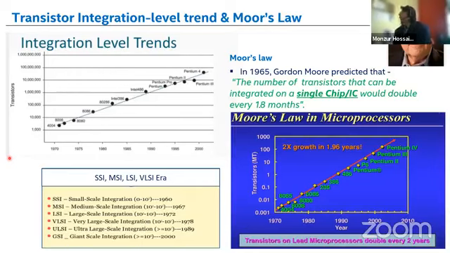says that the number of transistors that can be integrated on a single chip will double every 2 years, or later on he said every 18 months. That means the transistor count will double in the same chip within one and a half years.